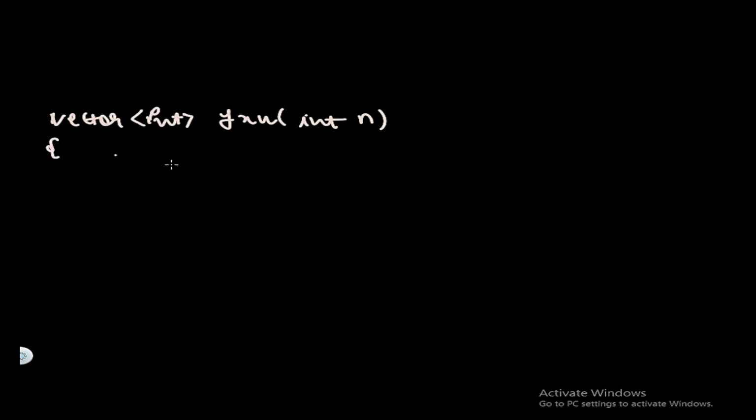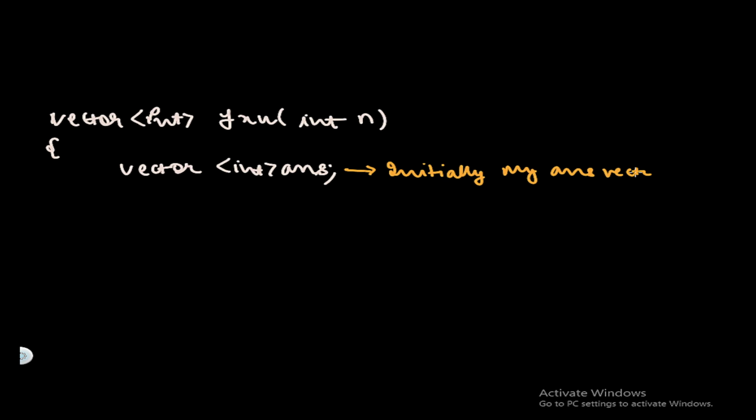So first of all, let us try to make our answer array. We will make a vector of integer type, and let's call it answer. Initially my answer vector is empty.